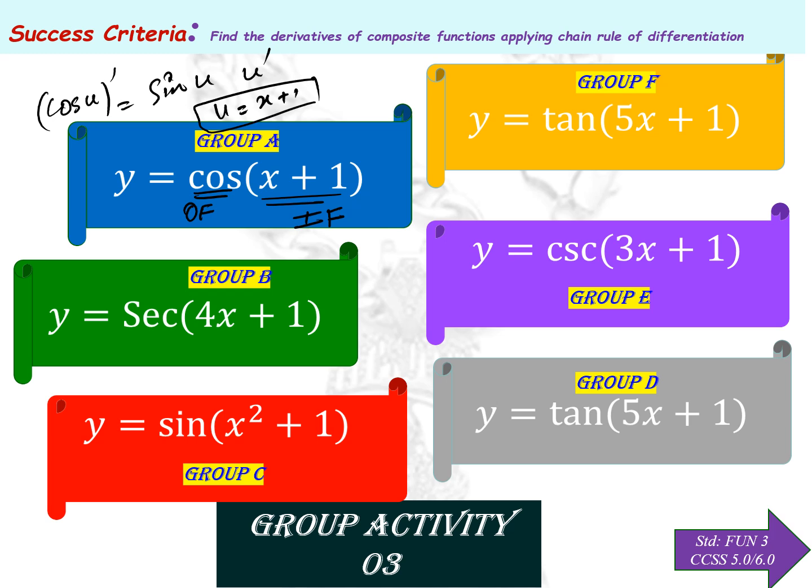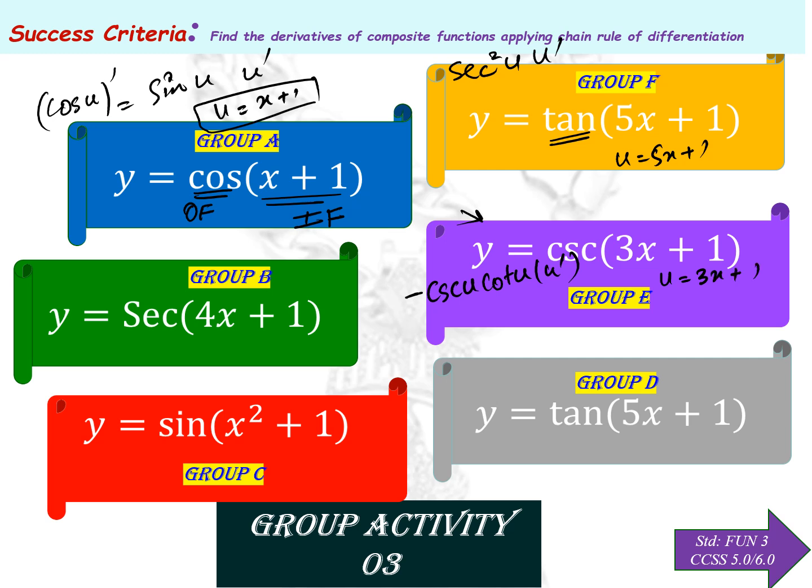So the derivative of tangent is secant square u and u prime. So your u is 5x plus 1. Okay, over here y equals cosecant of 3x plus 1. So the formula of cosecant is negative cosecant u cot u and then u prime. So your u is 3x plus 1.